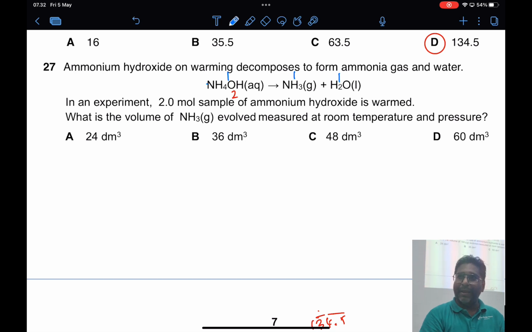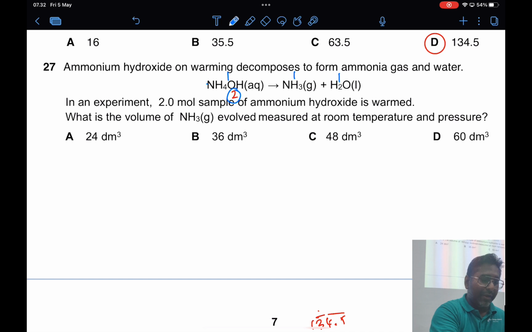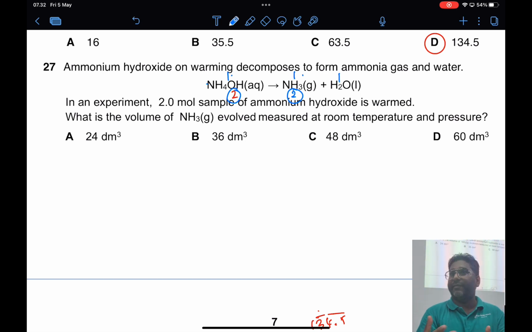Terence, I hope you understand this. Follow the ratio first. Then if you have 2 moles, we are looking for ammonia, every 1 to 1. So of course, if you have 2 moles, then you are going to get 2 moles as well.